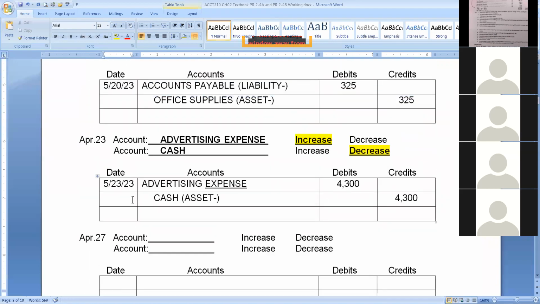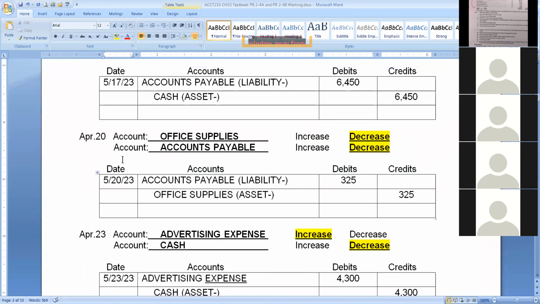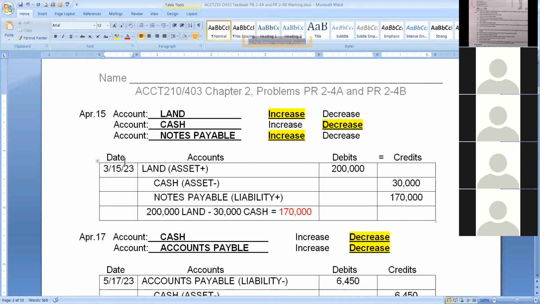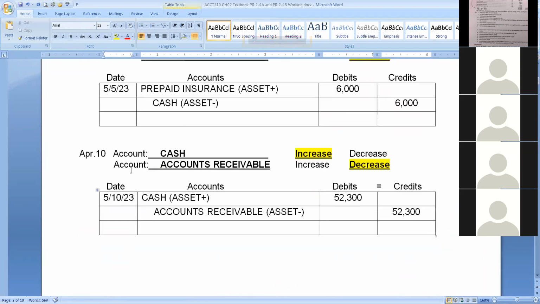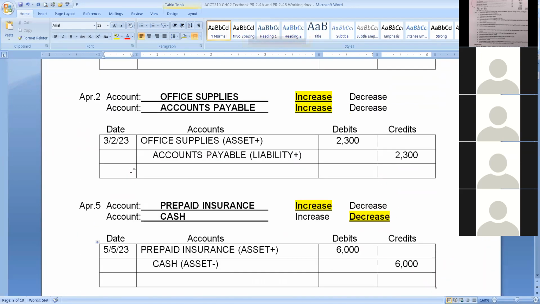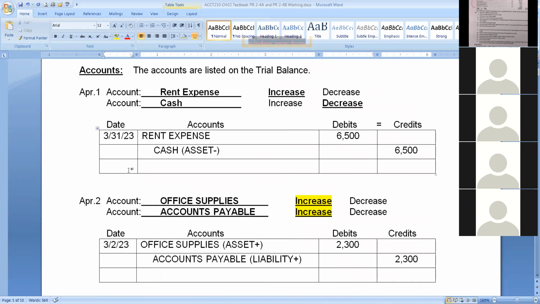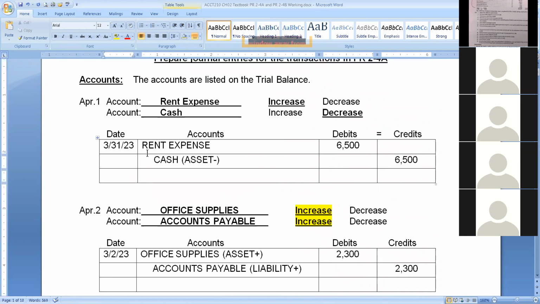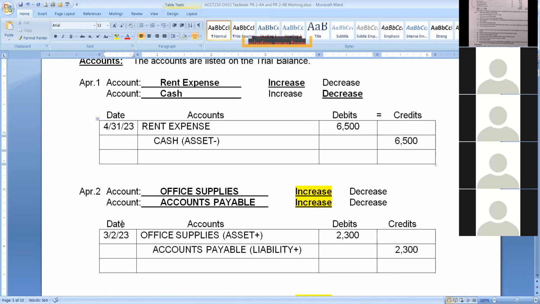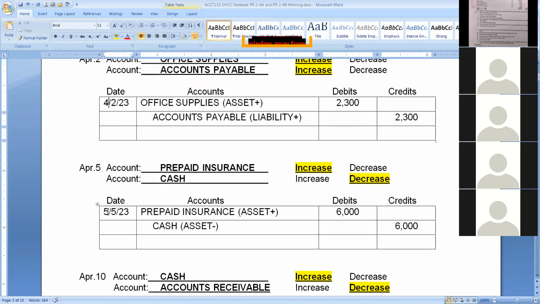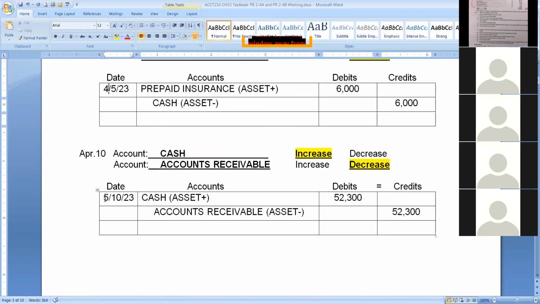Wait, this isn't right. I've done all these wrong. Look at the dates I put on these. I did every single one of these wrong. April is the 4th month of the year. I learned that in 1st grade.